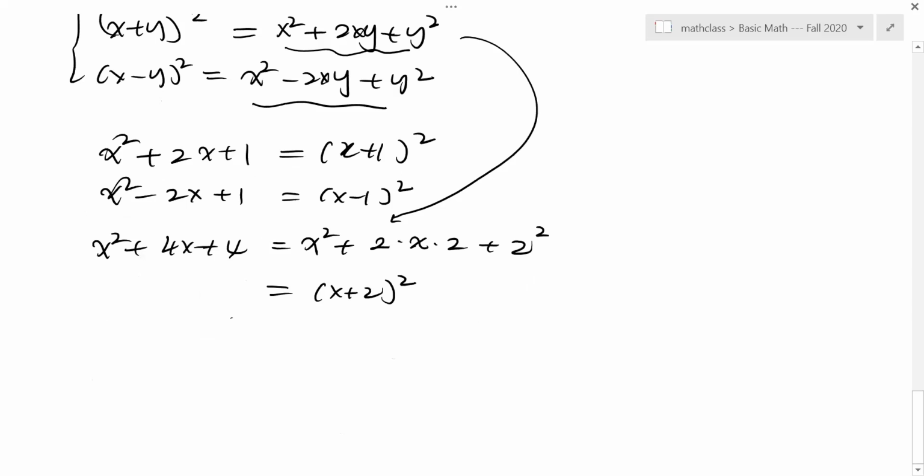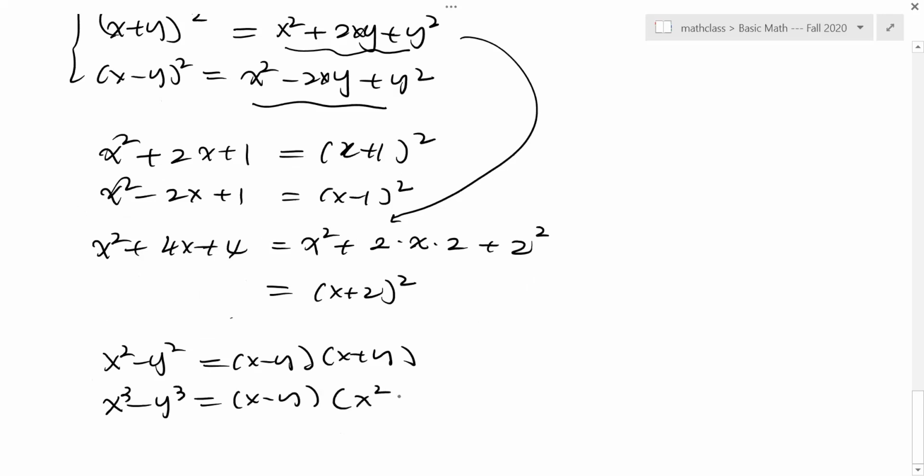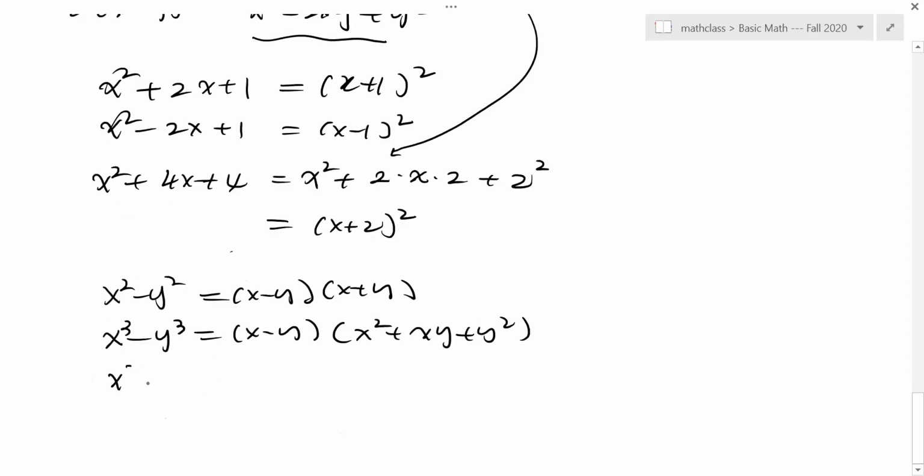Okay, so I'm going to summarize some formulas we have here. First of all, we have x squared minus y squared equals x minus y times x plus y. Then x cubed minus y cubed is x minus y times x squared plus xy plus y squared. If I change the sign, I get x plus y here, and then the sign here must be negative.